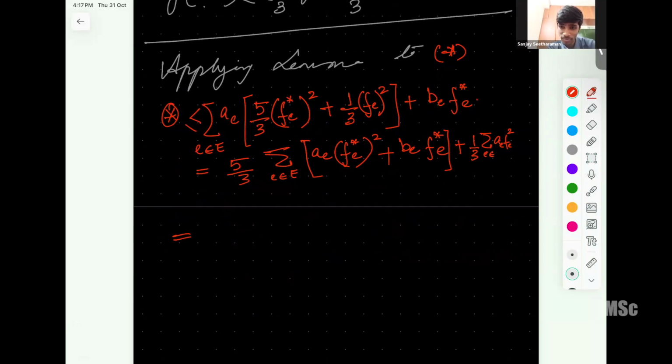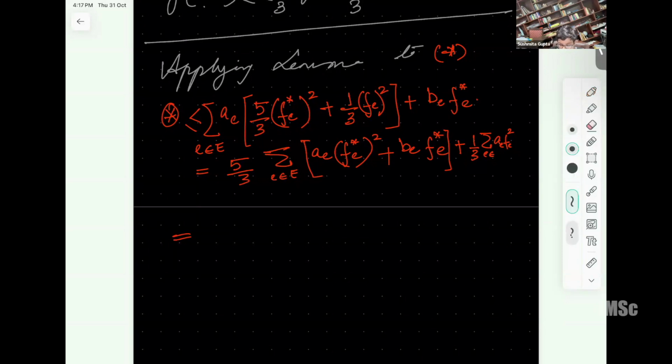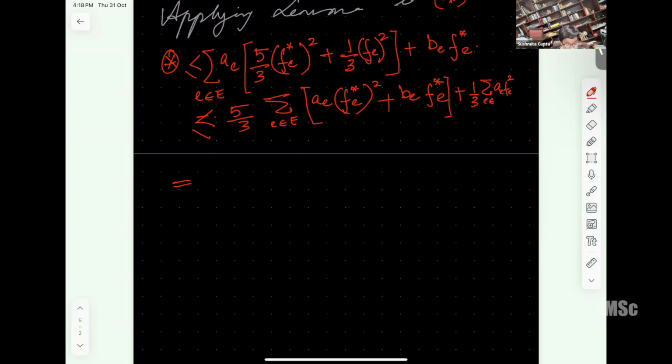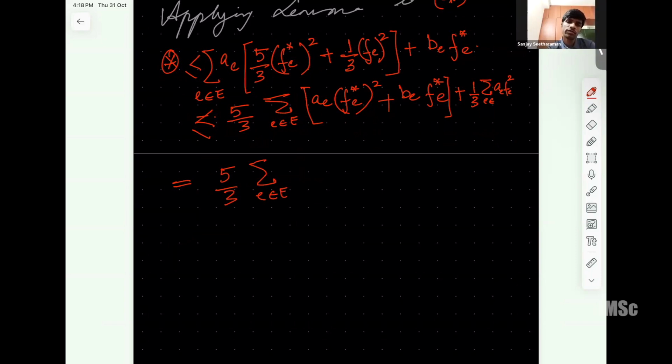It will make... okay, less than or equal to. 5 by 3 is more than 1, right? I need this sort of common out here. Okay, now what? Do we now have something familiar? Okay, let's just take this a little bit more. Cost of f star. Yeah, let's just take this thing common out.